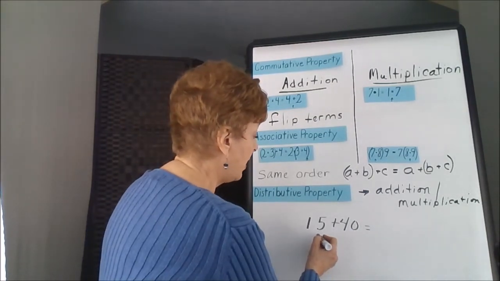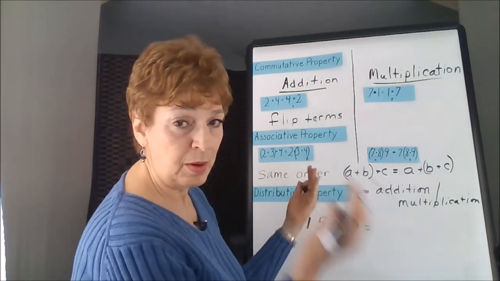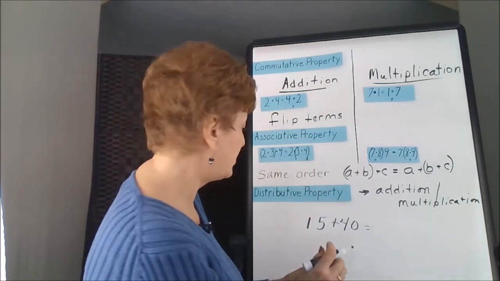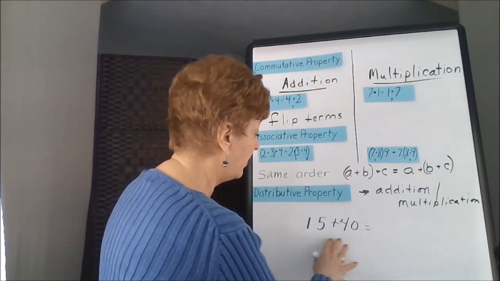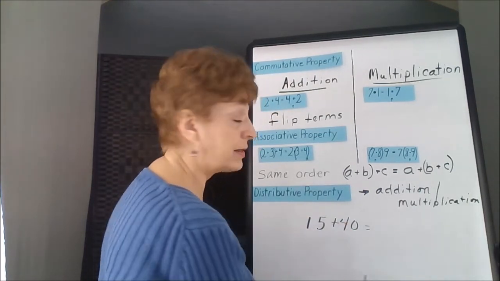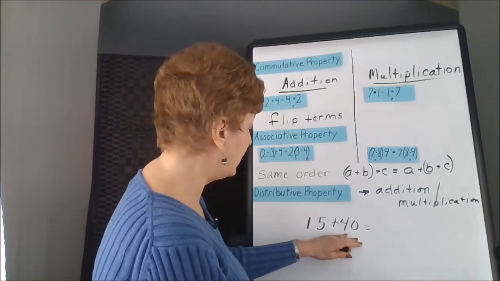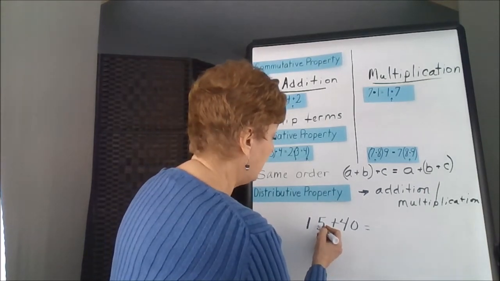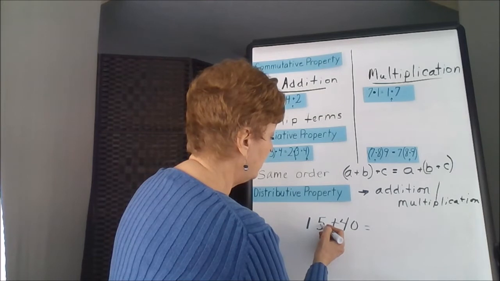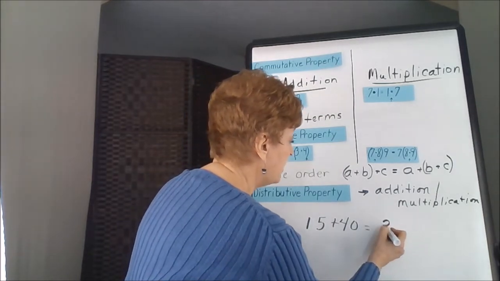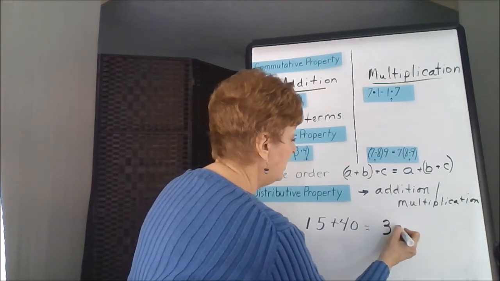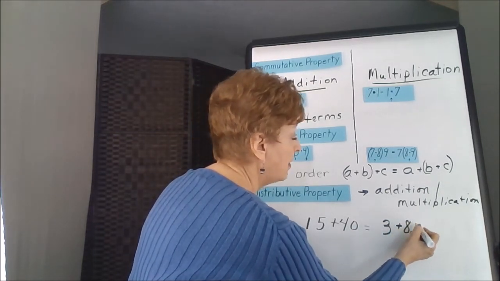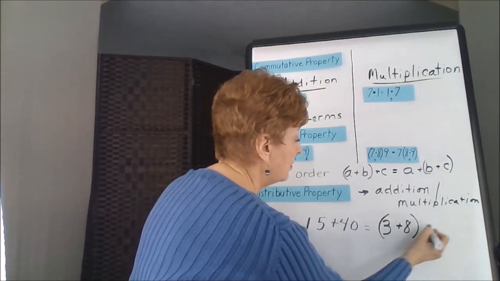We can factor out here, we're back with divisibility of numbers. Both of these numbers end in a 0 and a 5. So we can extract a 5 out of each one. So from here, 5 divides into 15 3 times, and 5 divides into 40 8 times, and the factor that you pulled out was 5.